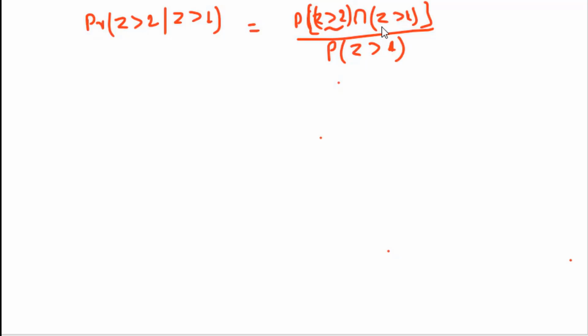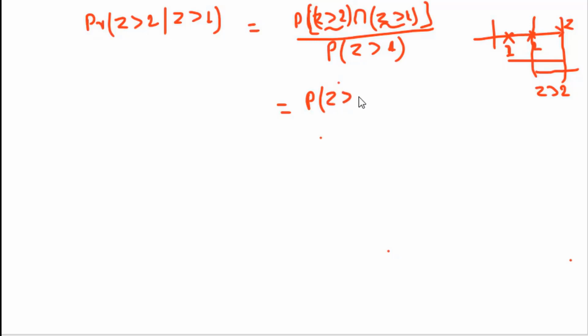For the intersection, let's assume this is a real line in which here it will be 1 and here it will be 2. So z greater than 1 is the right-hand side of this real line, that is the z axis, and z greater than 2 is the right-hand side of 2. So the intersection is nothing but z greater than 2. So this gives you probability of z greater than 2 divided by probability of z greater than 1.